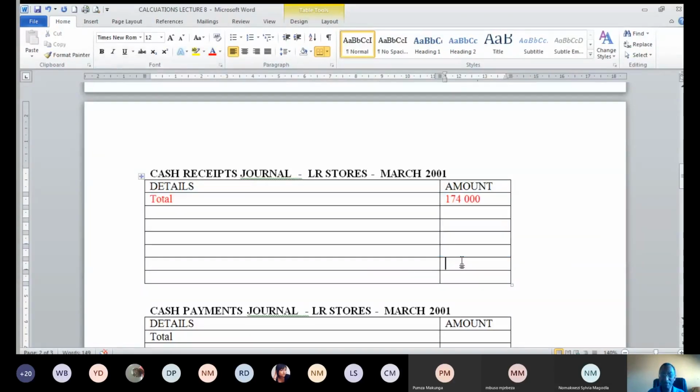That was the money which the business has received during the month. But besides that money, we have come across three items: the 5,000, the 90 Rand, and the 15,000. Let us account for that quickly, guys. The 5,000 Rand first.